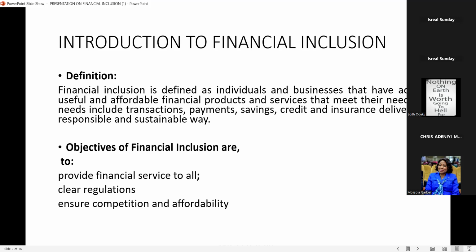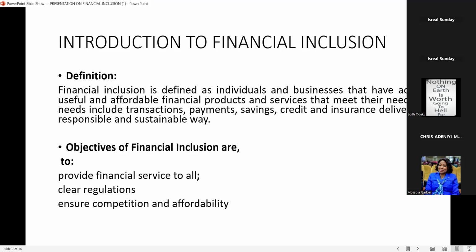Because of the relationship between this and their standard of living, the UN, cascading into every nation and every national government, took it upon themselves to make sure that our systems and resources are made available and enhancements are made to ensure that financial inclusion is deepened.